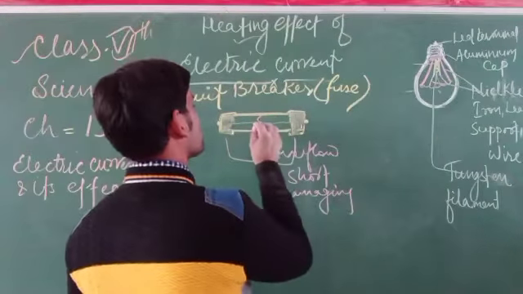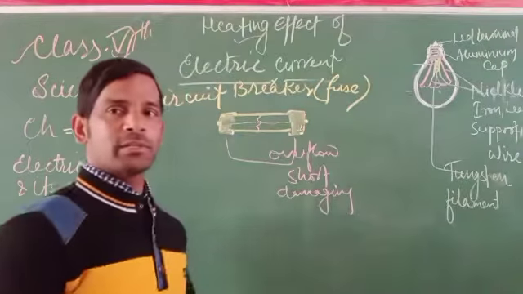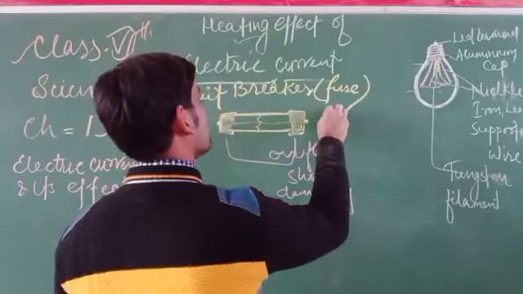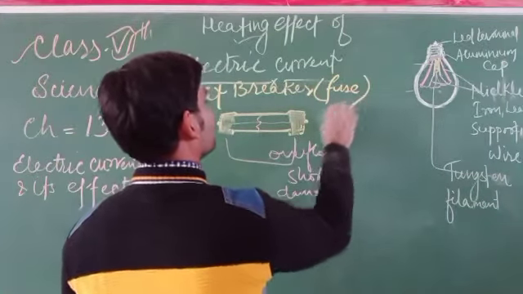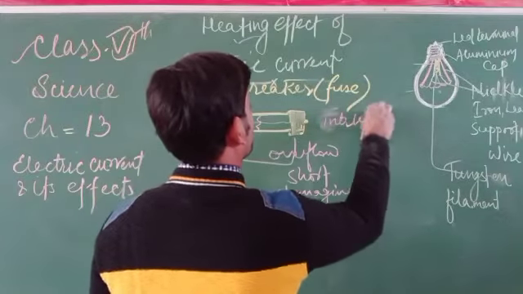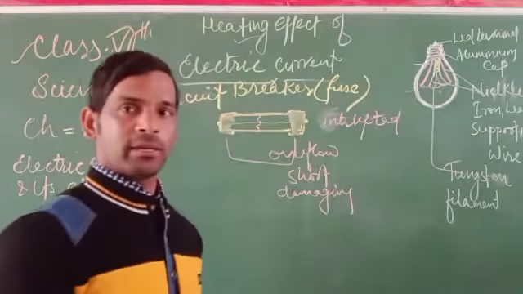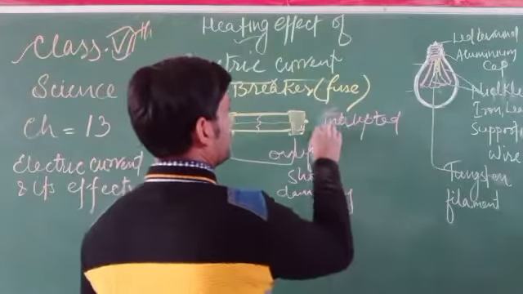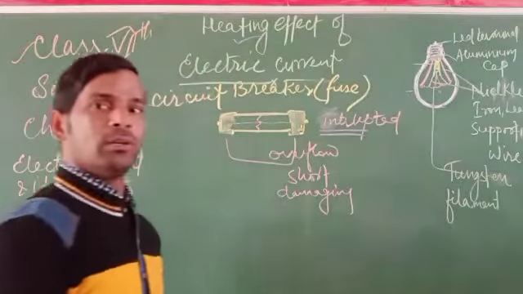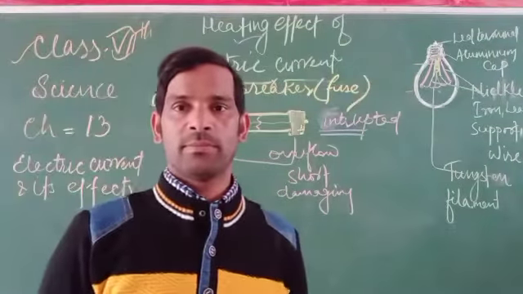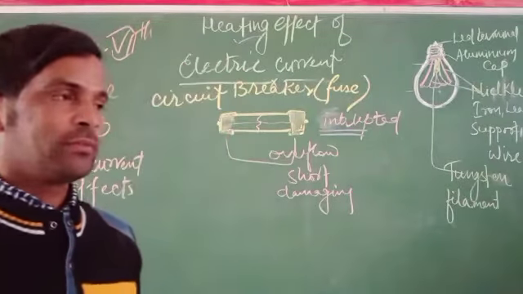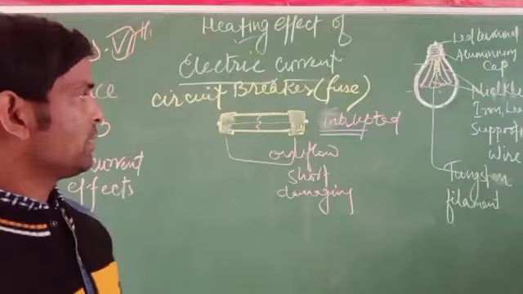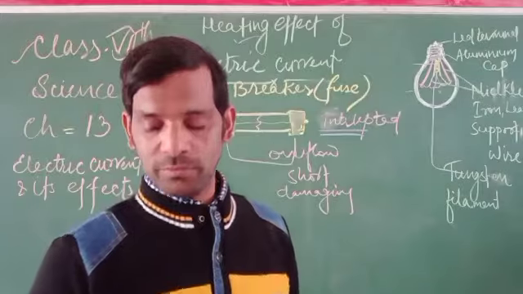So when it bursts, fuses or breaks, the electrical supply gets interrupted. When the electric supply cannot proceed, the appliances are not harmed, and due to which we can save or prevent our priceless or important appliances.